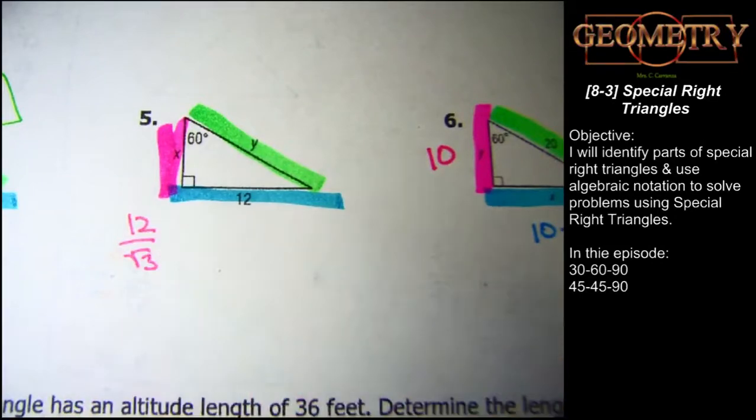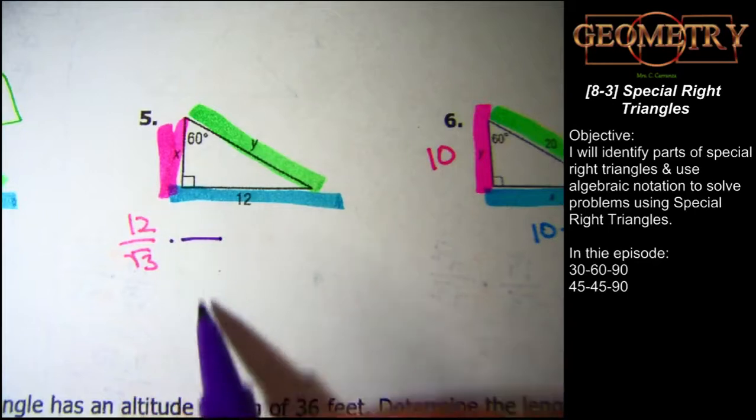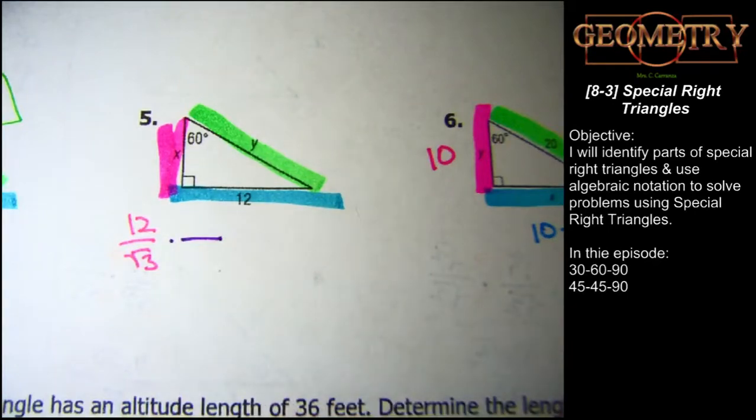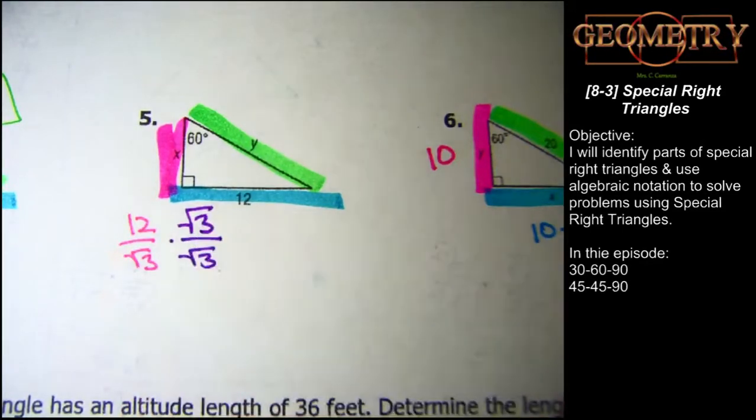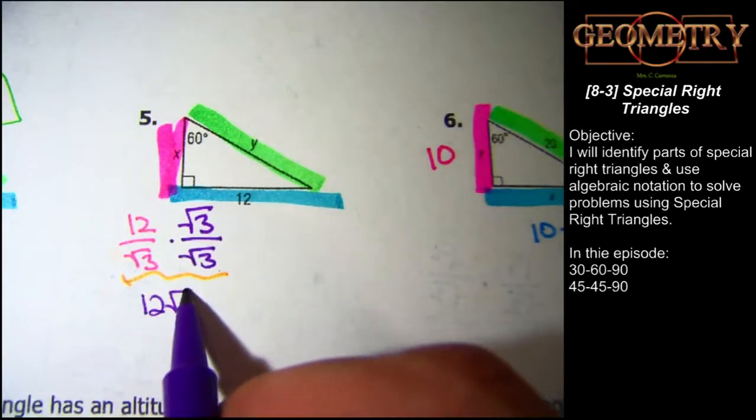I need to do what? Rationalize. So I'm going to multiply by a fraction, numerator and denominator being the same. What am I multiplying by? Square root 3, because that's what I need to fill that radical in the denominator to turn the square root of 3 into something that has a whole number square root.